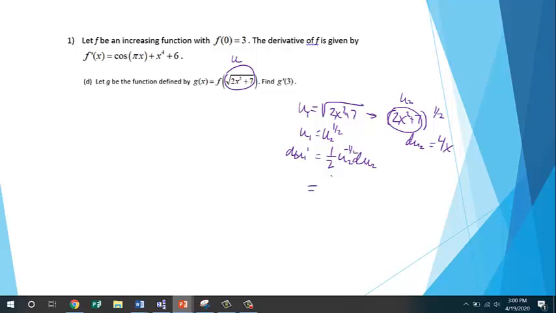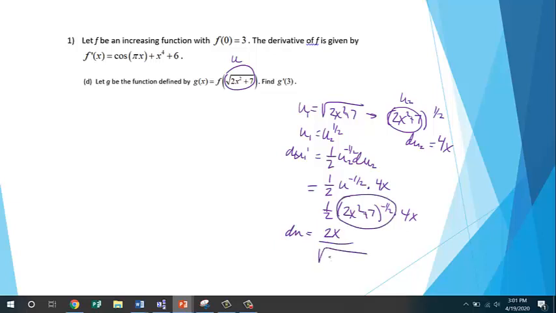So, all right, our du is going to be 1/2 u to the negative 1/2 times du2, which was 4x, and I actually replug that back in. Okay, and then I'm just going to clean things up just a little bit here. 1/2 times 4x will be 2x, and then I'm going to move this down to the bottom of the problem and turn it back into a square root. Okay, so that is my du.